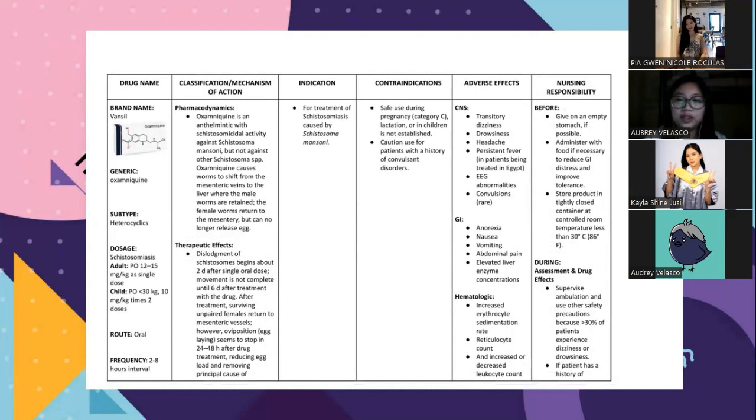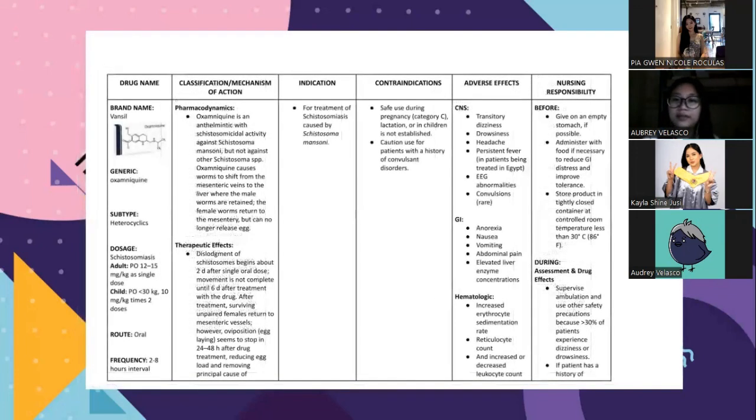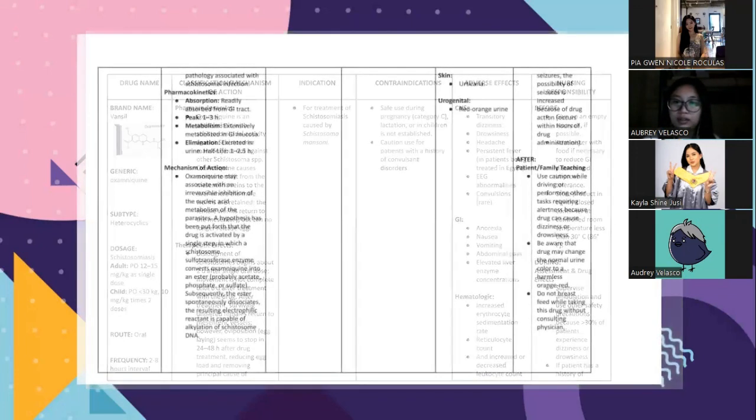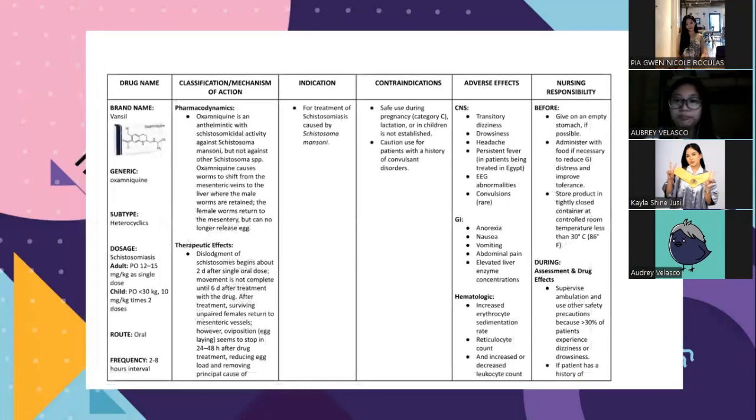So hematologic: increased erythrocyte or red blood cell sedimentation rate, reticulocyte count, and increased or decreased white blood cell count. And then skin: urticaria or hives, and then for the urogenital, a red-orange color of urine.